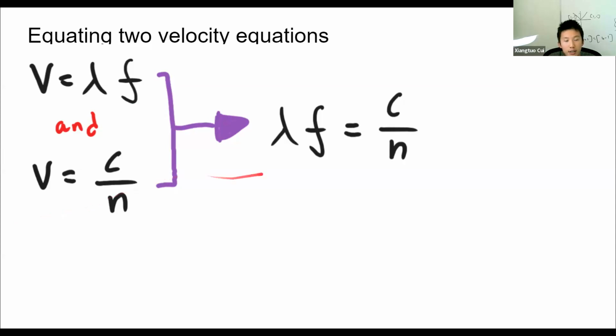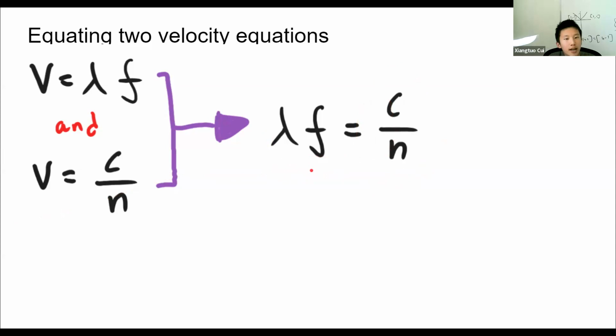So we can equate these two equations together. We can say that lambda times frequency is equal to the speed of light divided by the refractive index. Say a diamond slows down light, then lambda times frequency must also decrease because c over n also decreased.